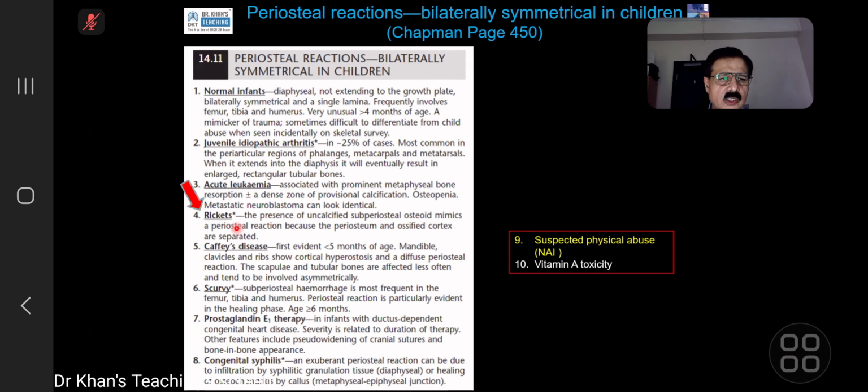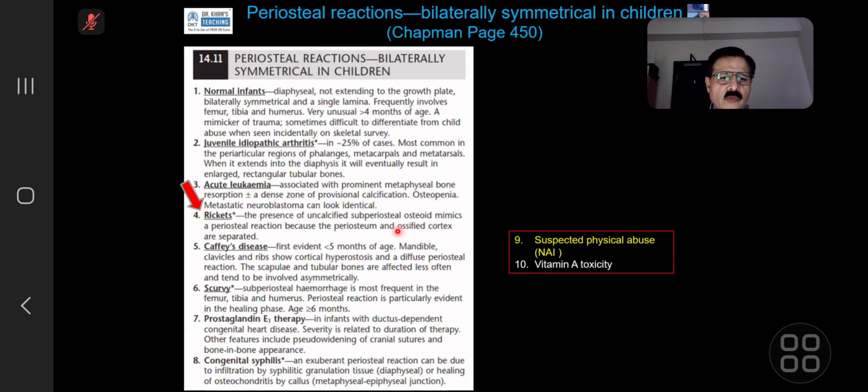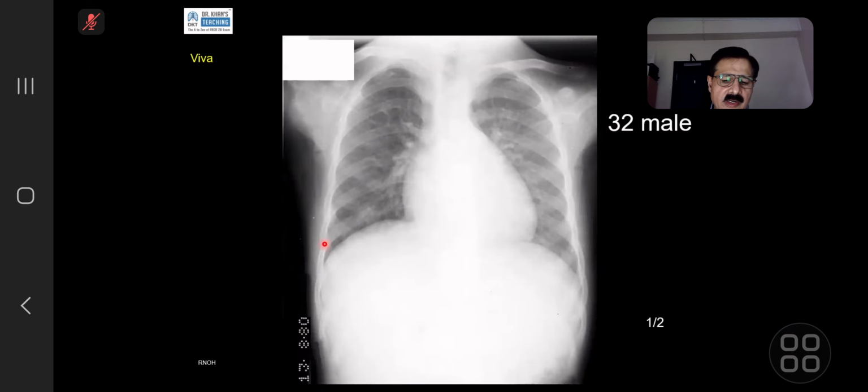This is normal physiology. In rickets, sometimes there is deposition of osteoid which is devoid of any mineral, any calcium. So it gives you the appearance of a periosteal reaction, a mimic. Uncalcified periosteal osteoid mimics periosteal reaction because the periosteum and osteoid cortex are separated.